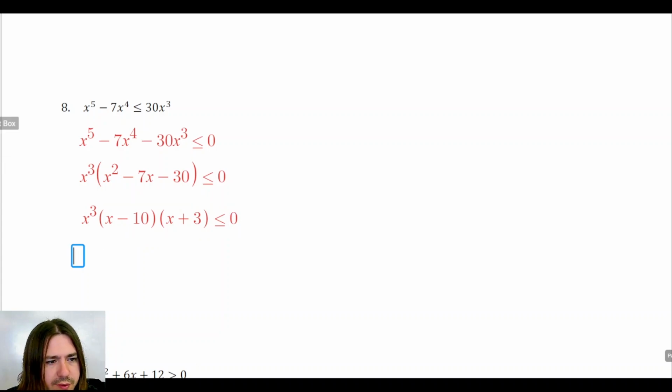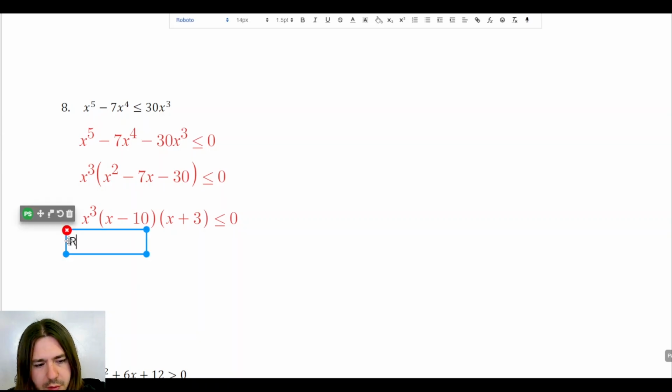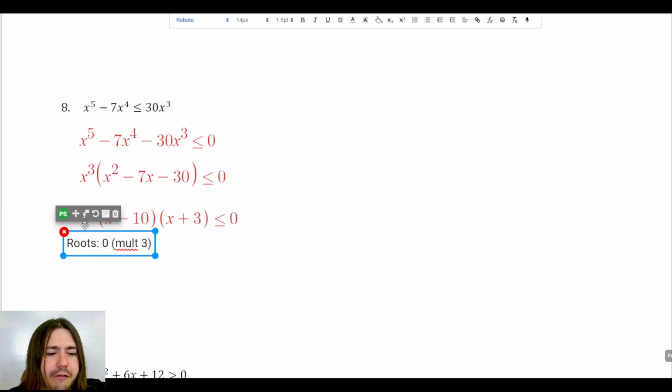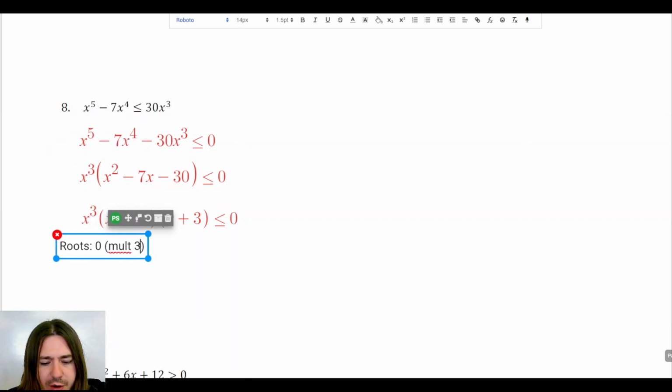My roots are going to be 0, which has a multiplicity of 3, which is not going to cause a bounce. It will cause a bend through the graph. So the sign will change there, but it's worth noting. I don't want you to forget to check the multiplicities, especially when you start sketching the graphs. Then the next 0 will be 10, and the next one will be negative 3.